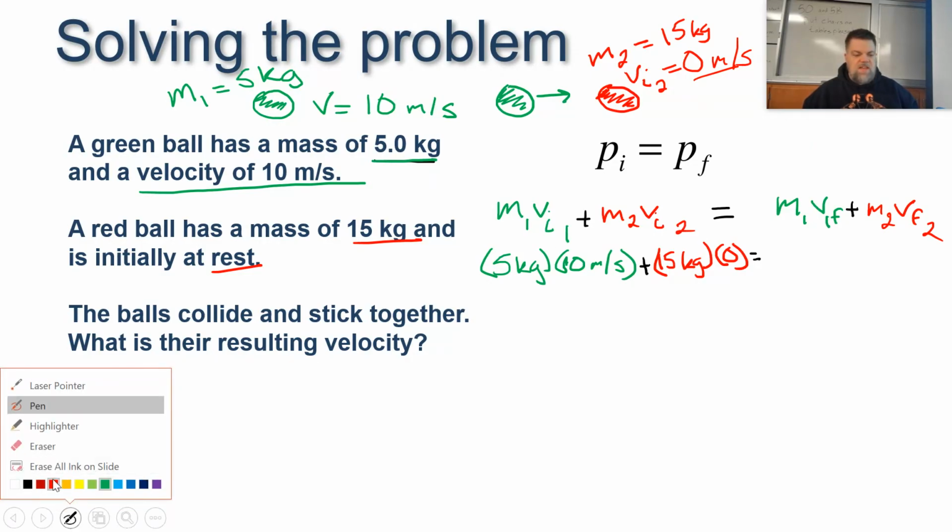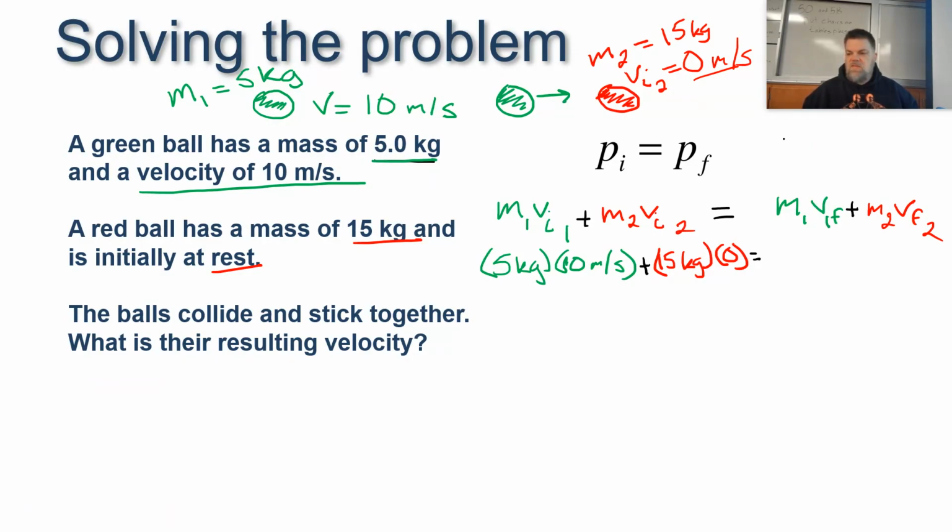Since they stick together, we know that they have the same velocity. So VF1, that's the number 1, is going to equal VF2. So we're gonna put the masses inside here, and then we're just going to multiply them by VF because they have the same velocity. Or you could just leave it as VF.